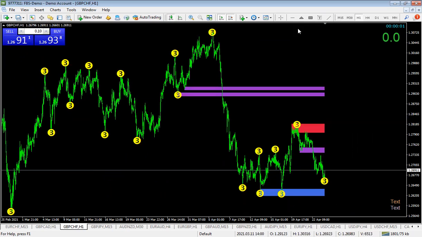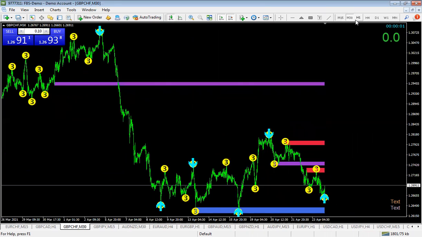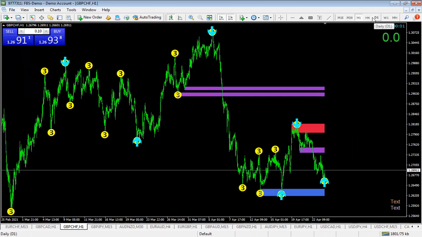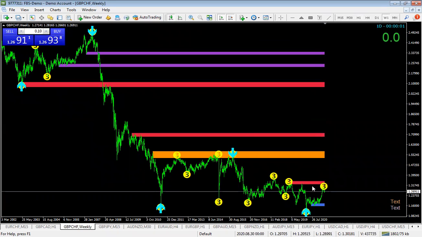So let's see. Can we get a good head and shoulder? Head and shoulder with a clean runway. Here, this is on the weekly. It's not for now, but I want to show you this.